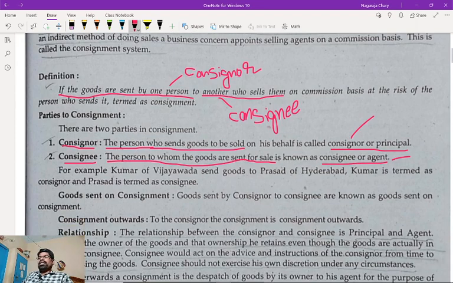Let us take one example. Kumar of Vijayawada is sending goods to Prasad of Hyderabad.